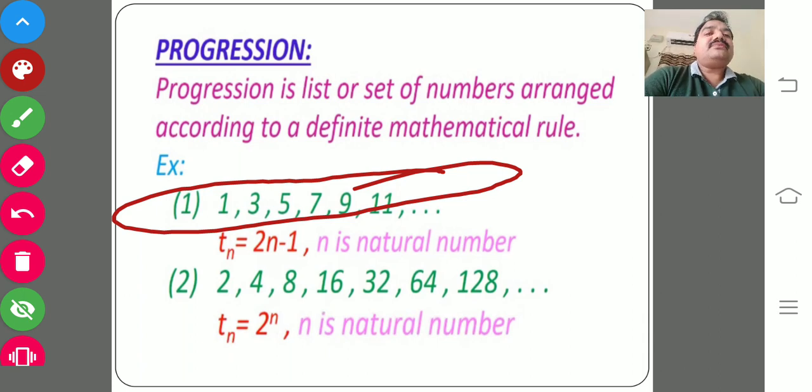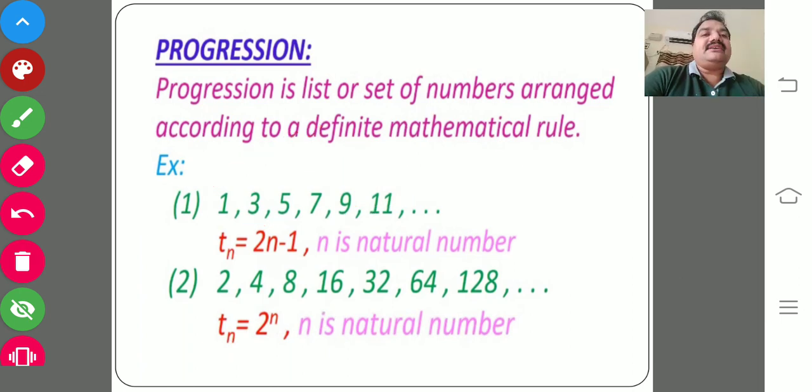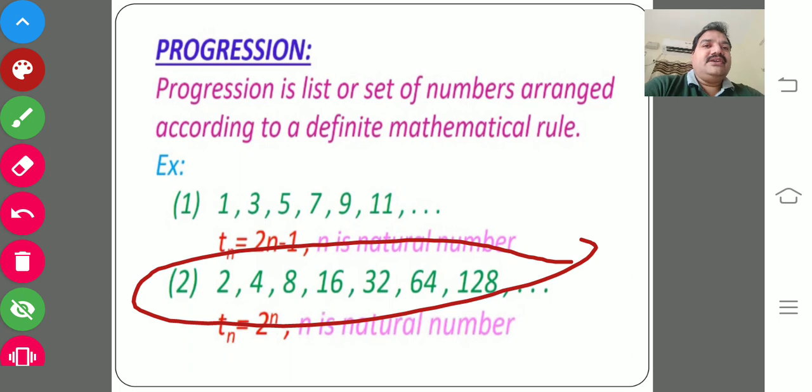If you put 1 in that, 2 ones are 2 minus 1, 1. 2 twos are 4 minus 1, 3. 2 threes are 6 minus 1, 5. 2 fours are 8 minus 1, 7. Like that you will get. And next, if you observe the second one: 2, 4, 8, 16, 32, 64, 128.